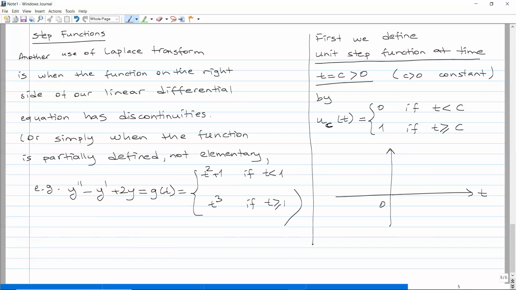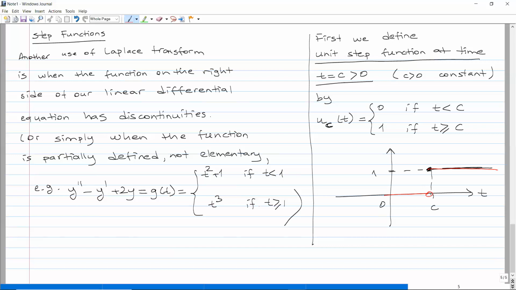As I said, we only consider positive values of t. So for t equals c or greater, it is 1. Maybe I can use another color. And for t less than c, it is 0. Okay, so this is a unit step function.